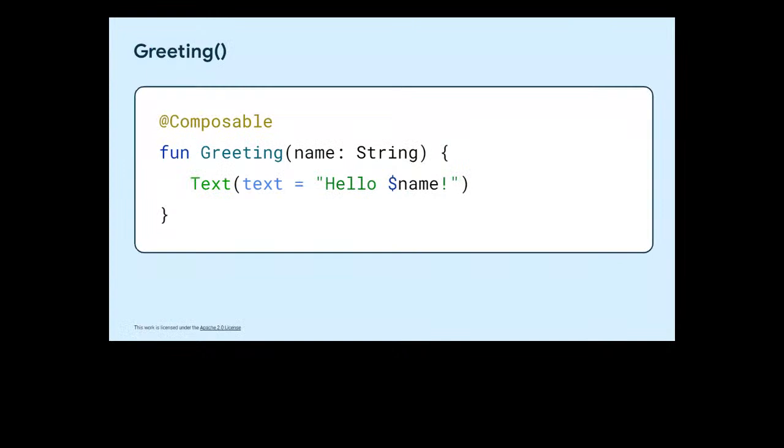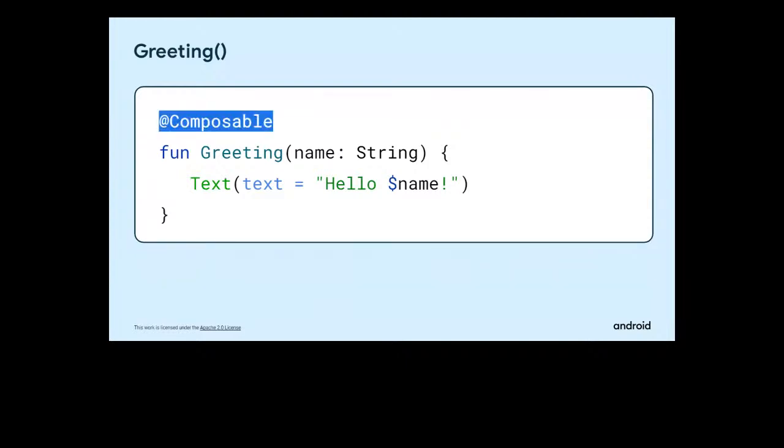Let us have a look at the greeting function that we had seen a few minutes ago. Of course, we again see that it has @Composable mentioned on top of it. If you've worked with Java on a professional level, you would have come across the @ notations in some places.